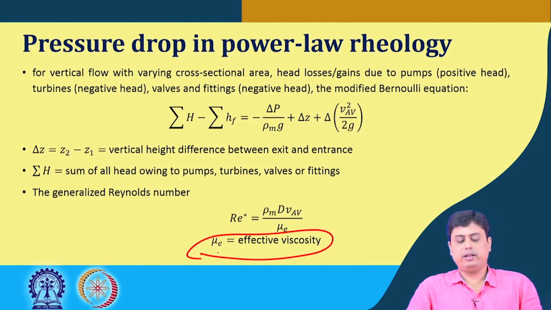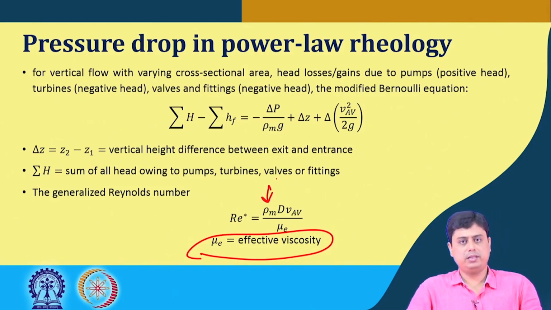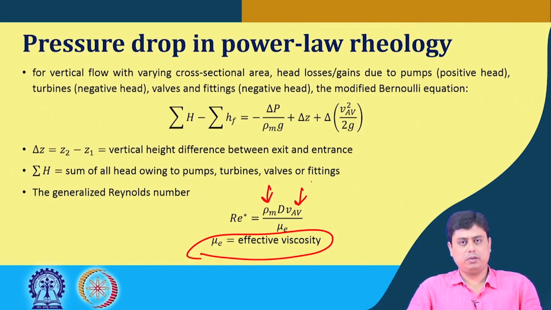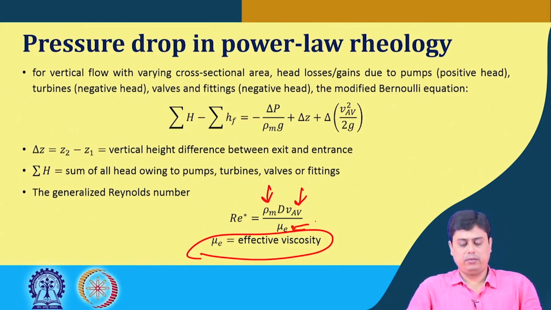So this is how the effective viscosity is now defined. We have seen the definition of rho m, which is the mixture density, and V average we know, we have seen the expression previously for the power law fluid. So if we know this effective viscosity expression, then we can calculate the Reynolds number for that particular power law slurry, and we can understand whether it is in the laminar or the turbulent regime.